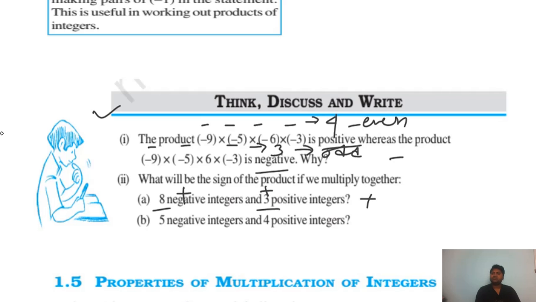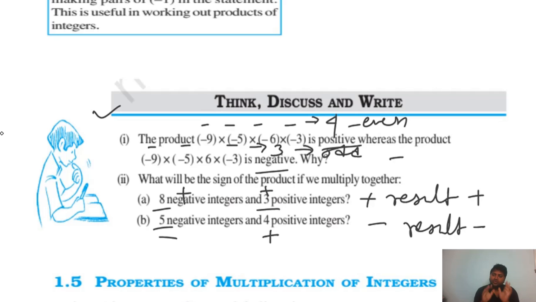The result is positive. What about 5 negative numbers and 4 positive numbers? 5 is odd, so we get a negative number, and 4 positive numbers give positive, so positive times negative is negative. The result is negative.